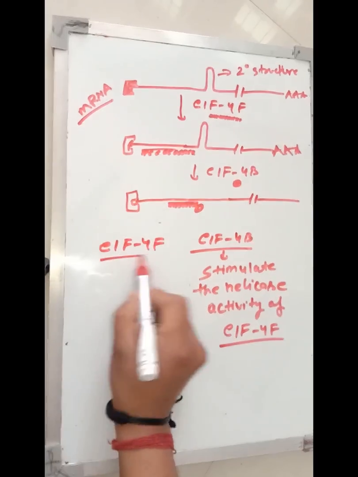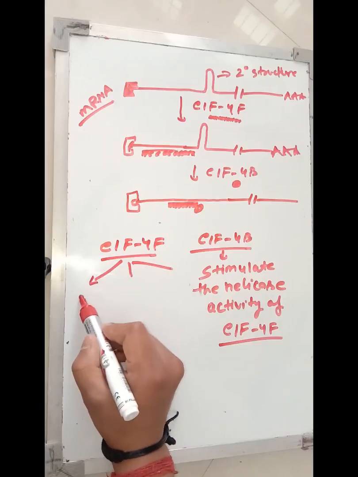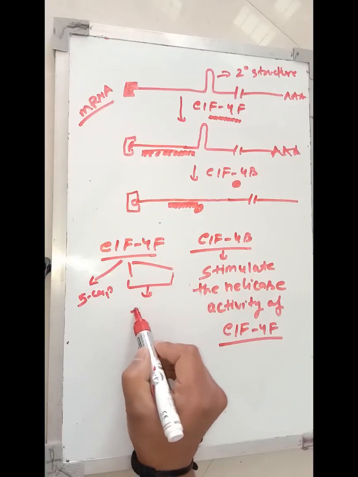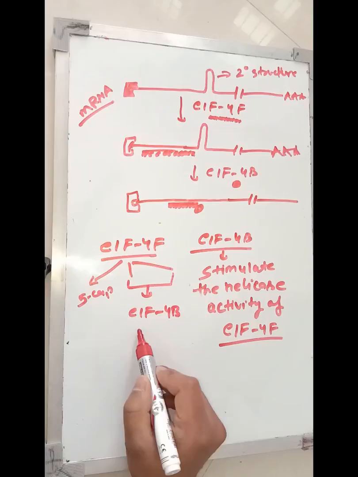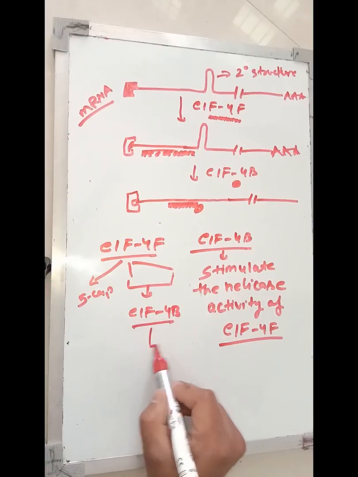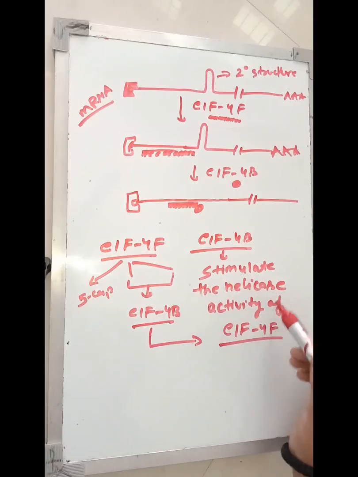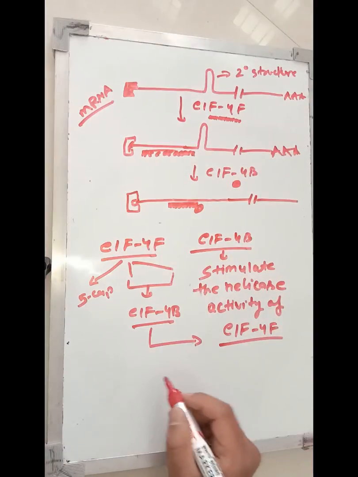EIF4F has 3 subunits. The first subunit will bind to the 5' cap. The other 2 subunits will bind to EIF4B, and this 4B stimulates the helicase activity of 4F to remove the secondary structure on mRNA.